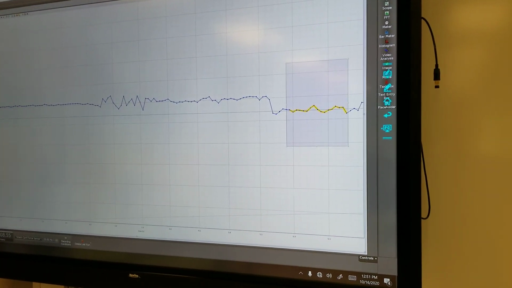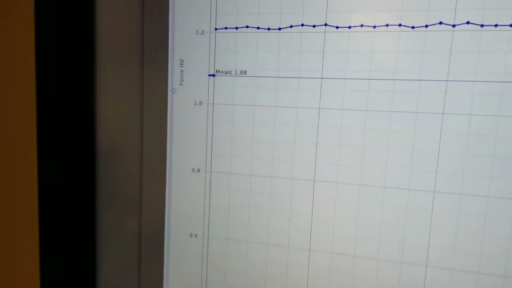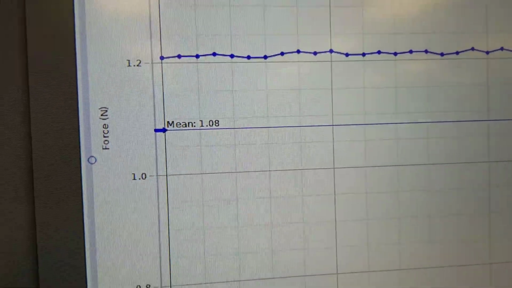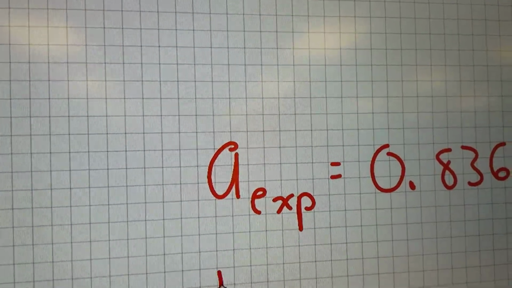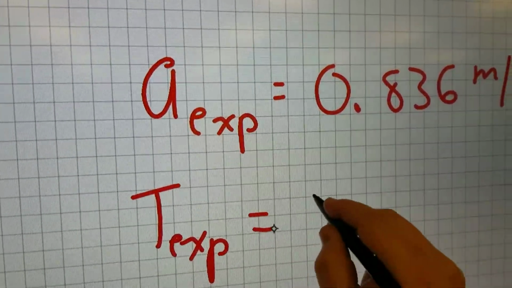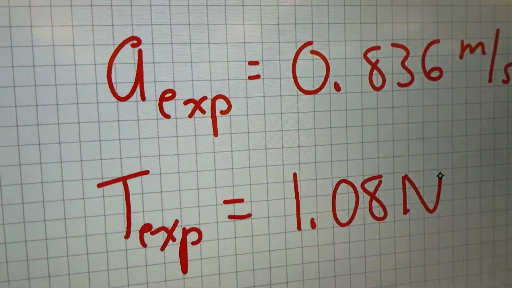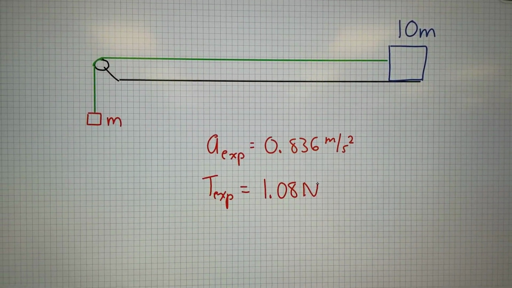Okay, over here it's got my average for me. So the tension in that string was 1.08 newtons. Over here, write T experimental equals 1.08 newtons. Okay, so that's what we got for our experimental results.